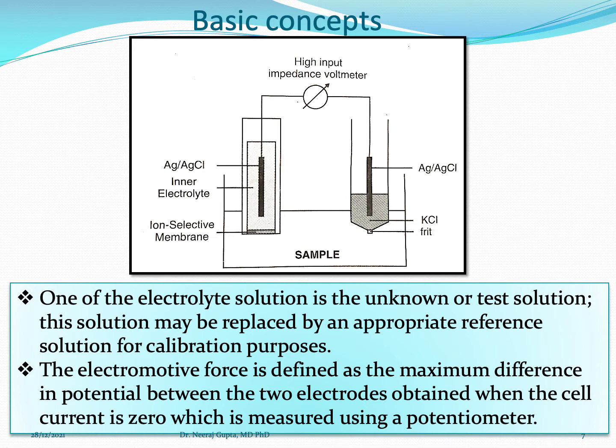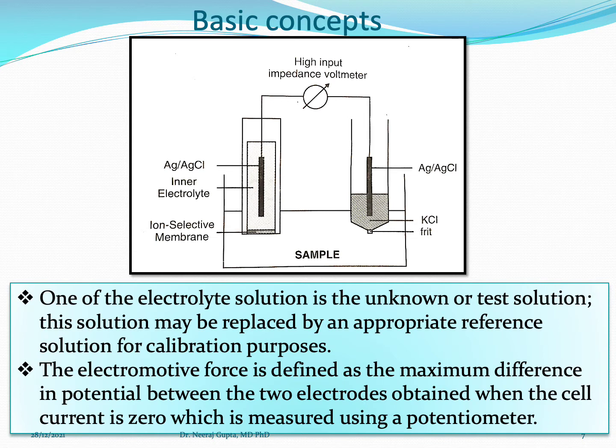By convention, the left electrode is the reference electrode and the right electrode is the measuring electrode. The electromotive force is defined as the maximum difference in potential between the two electrodes obtained when the cell current is zero, which is measured using a potentiometer. Remember, this cell current should be zero.